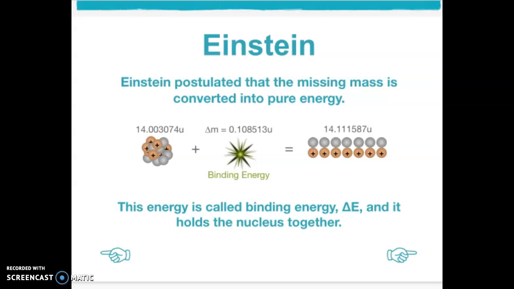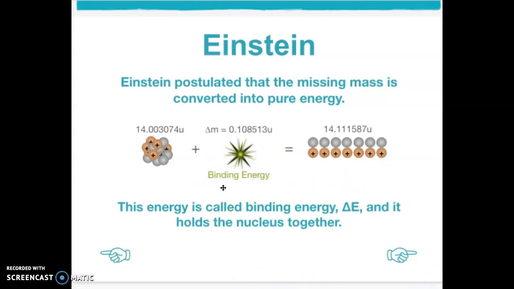Einstein postulated that this missing mass is actually converted into pure energy. When you put those nucleons together, something happens, which then releases energy. And he postulated that this energy was used to bind the nucleus together.